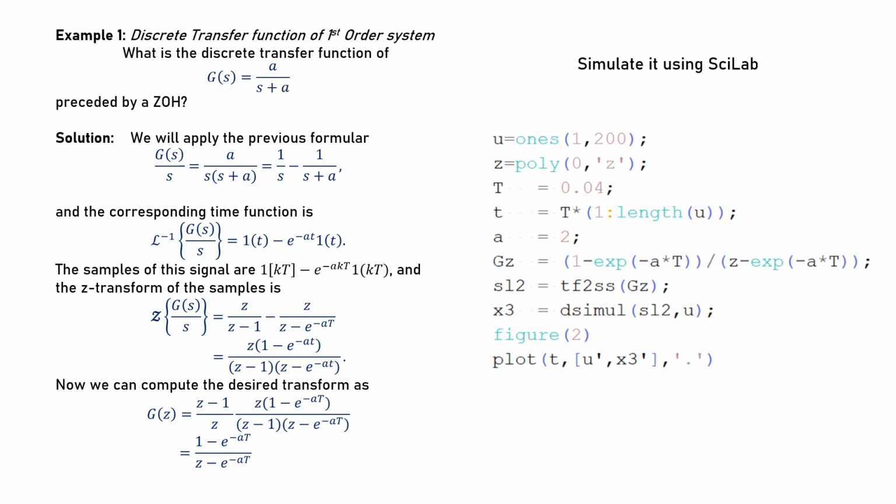Okay, so first let me explain the code line by line. First, define U as input by this function. Actually, this is just a step function, but in discrete time, you have 200 samples, so 1, 2, 3 up to 200 here.